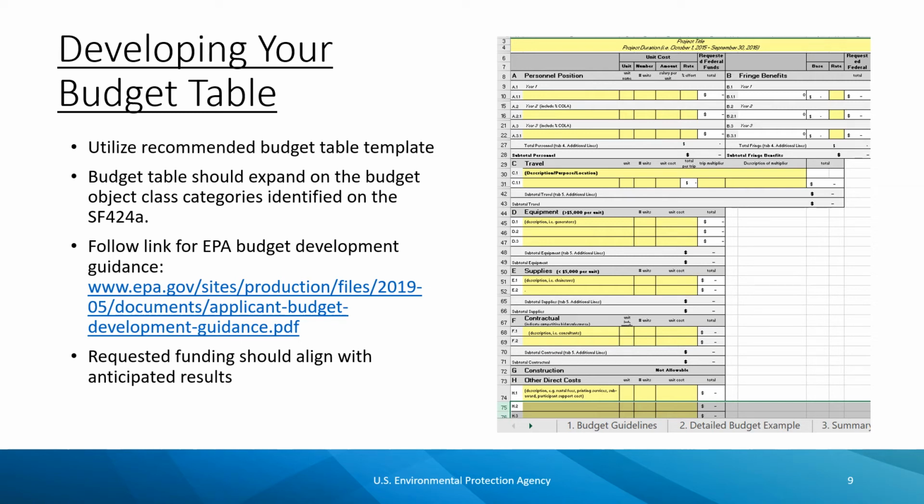The budget object class category amounts listed on your SF424A should match the budget object class category totals on your detailed budget table.